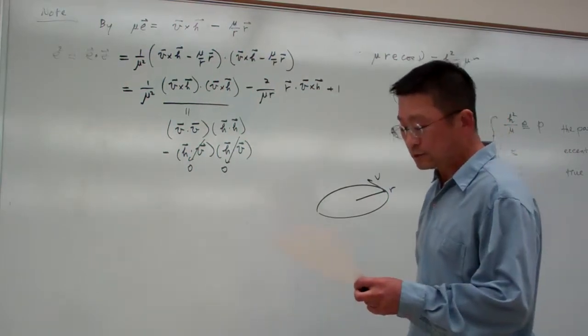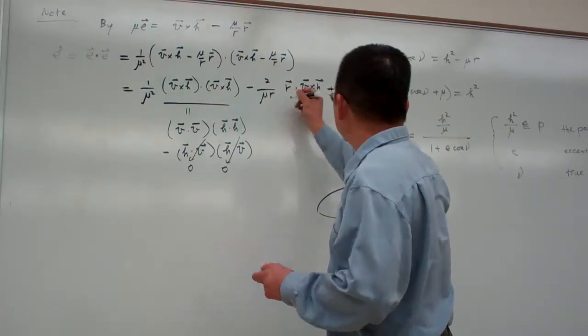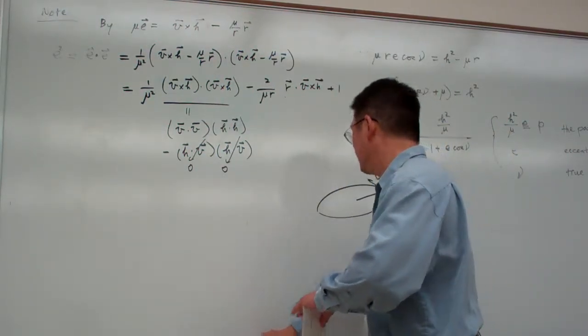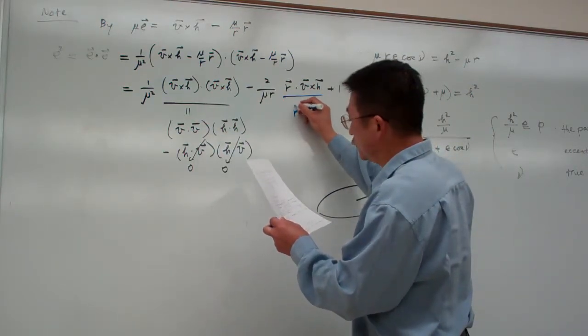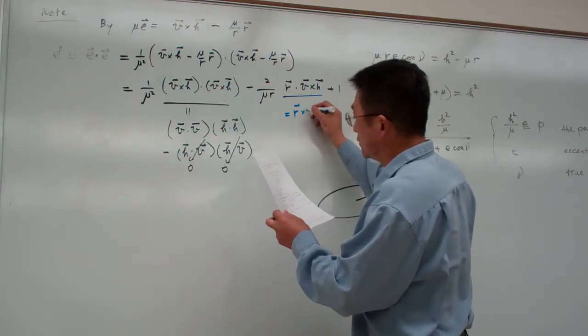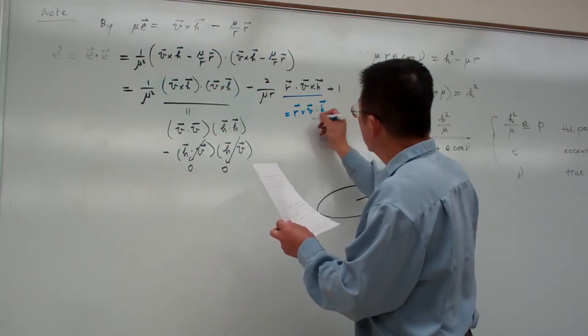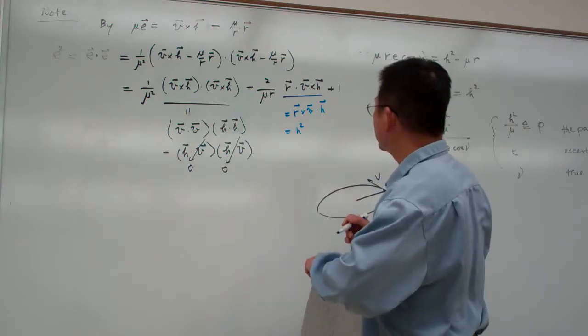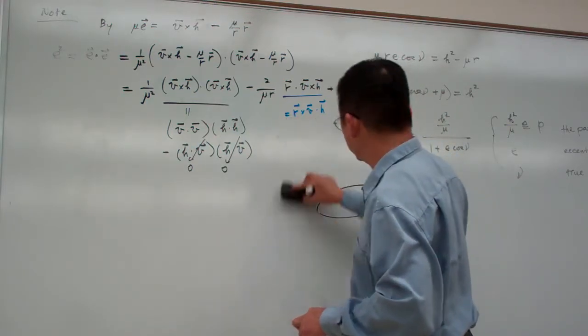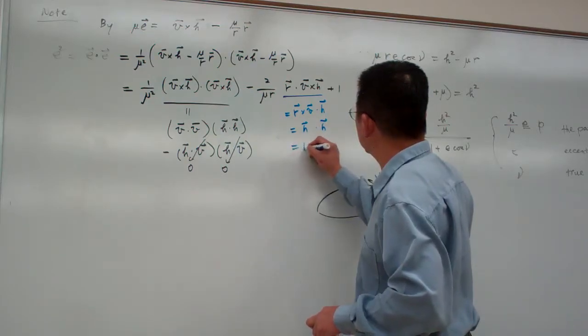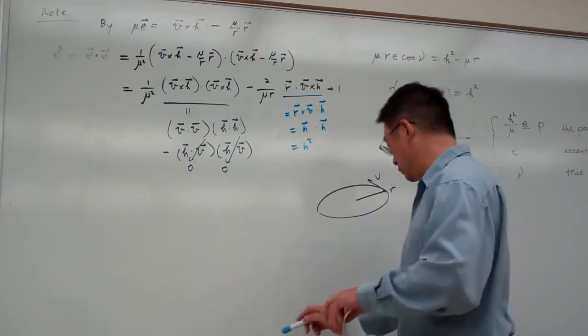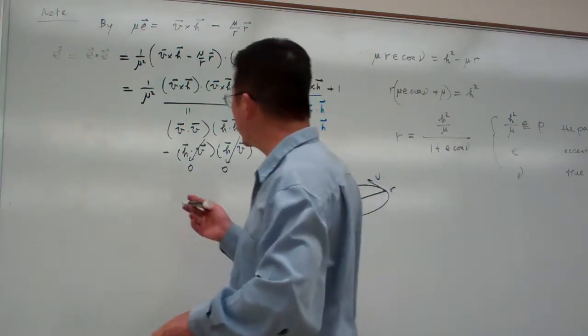Okay? And for this one, we have done that before, so that is equal to R cross V dot H. So this term is H squared. Okay, so now we can quickly have this information.